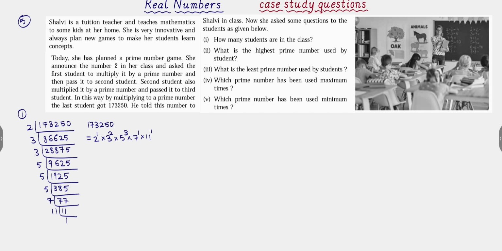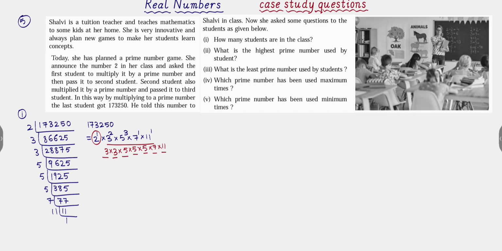Already 2 is given by Shalvi. Remaining, how many are there? We have to find out. 3 is there 2 times, 5 is there 3 times, 7 one time, 11 one time. So one student multiplied by 3, one more student also multiplied by 3, next 3 students multiplied by 5, next 2 multiplied by 7 and 11.